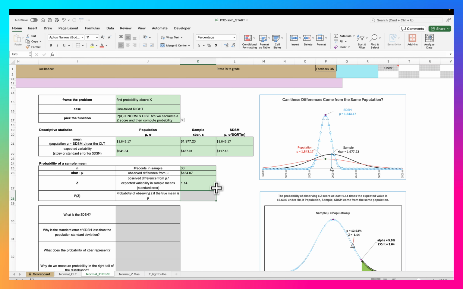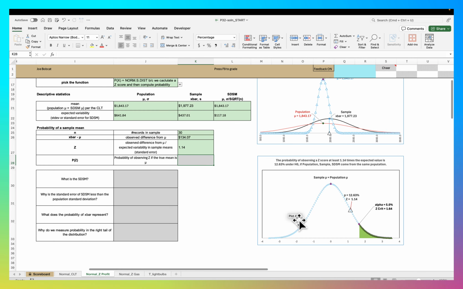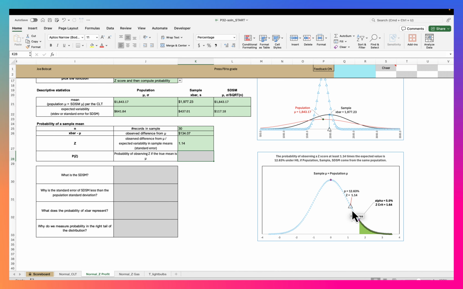And then now we can find out, well, what's the probability of getting that number? So first, let's look at what that number is. It gets plotted down here on this graph. And that's a z-score of 1.14. So this bottom graph is the same sampling distribution, but now the other lines have been taken off. So this is just the sampling distribution, and it's been normalized, plotted on a normal curve.